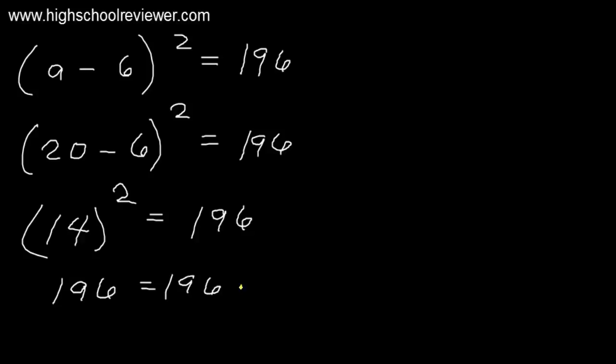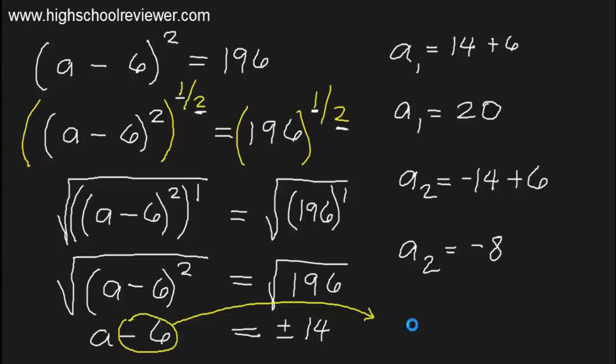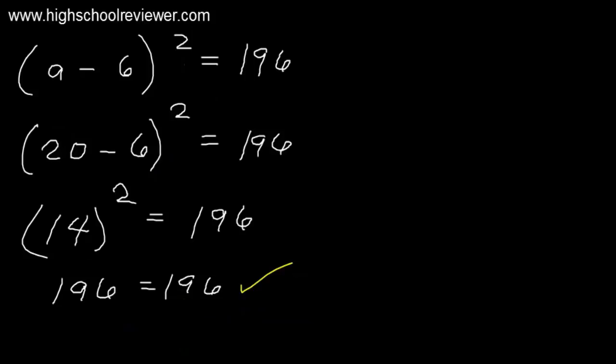How about, okay, let's check the other value, which is negative 8. So again, this will be the quantity of a minus 6 raised to 2 equals 196.